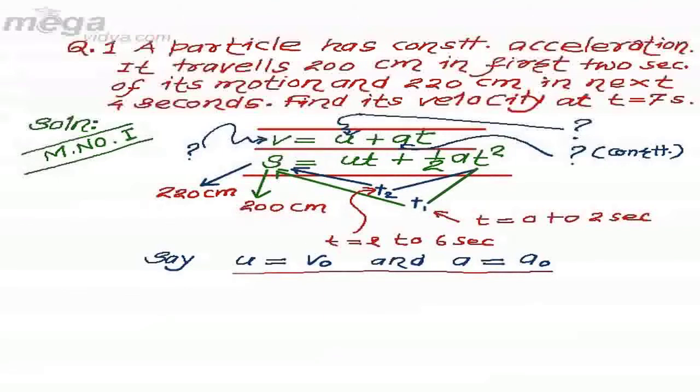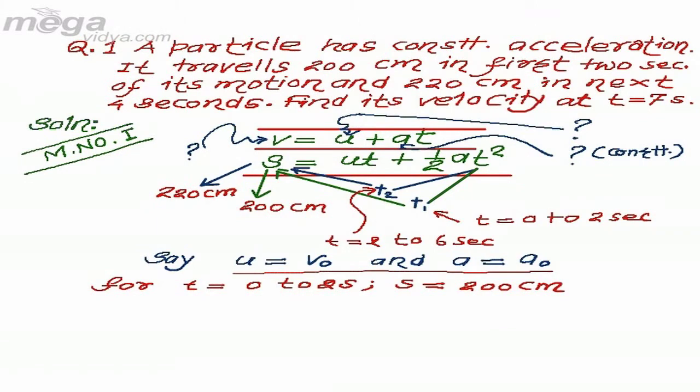So if I want to use equation number 2 to find some unknowns, then for t equal to 0 to 2 seconds, I can use the information given that the displacement is 200 centimeters.